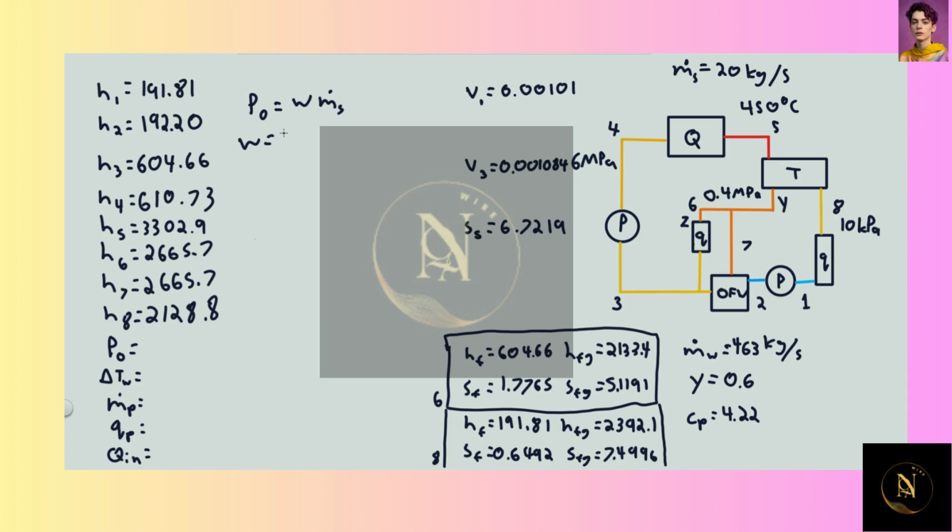In this case, it will be H5 minus H6 (or 7, doesn't really matter, I'll just say H6), plus, okay, so that's the work for all the steam, which is going from 5 to 6, and then the steam that isn't extracted there continues losing energy going from 6 to 8. So that will be 1 minus Y times H6 minus H8.